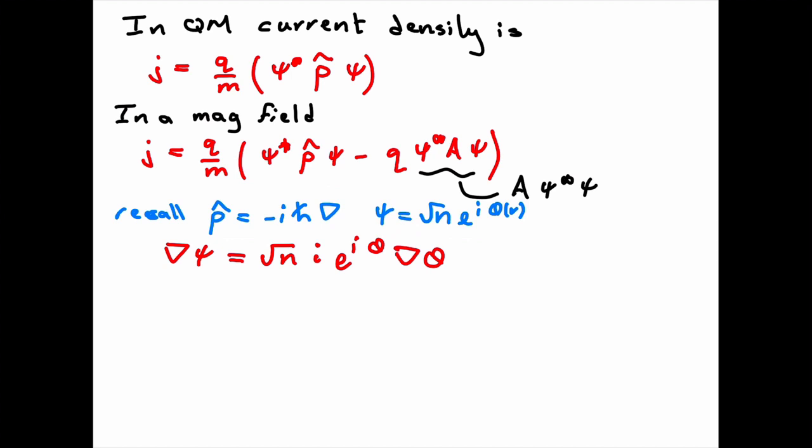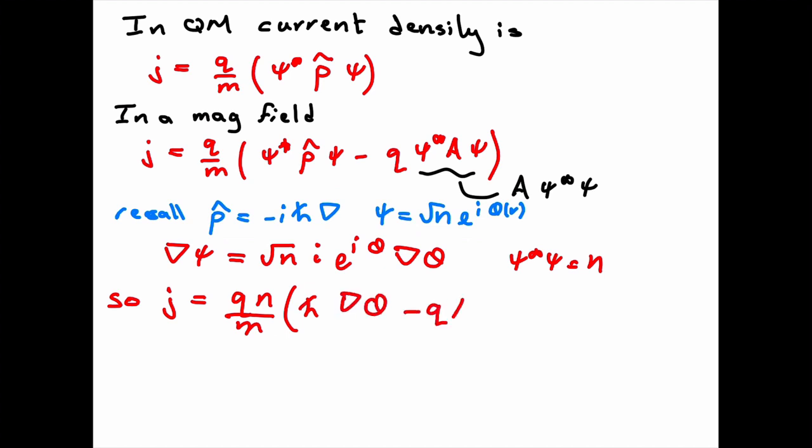Now, recalling that psi star psi is equal to n, I can plug everything in, and J will be equal to q n over m times (h bar grad theta minus qA). You might want to pause the video at a moment and see if, indeed, if you pop all those terms in, that is what comes out the other side.